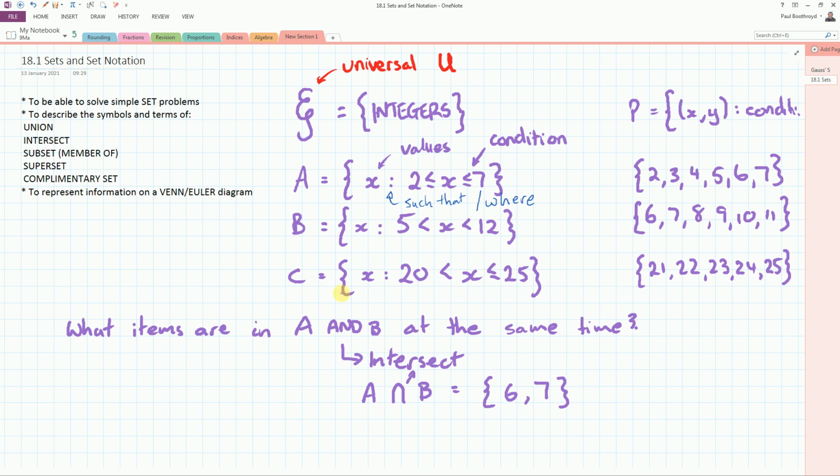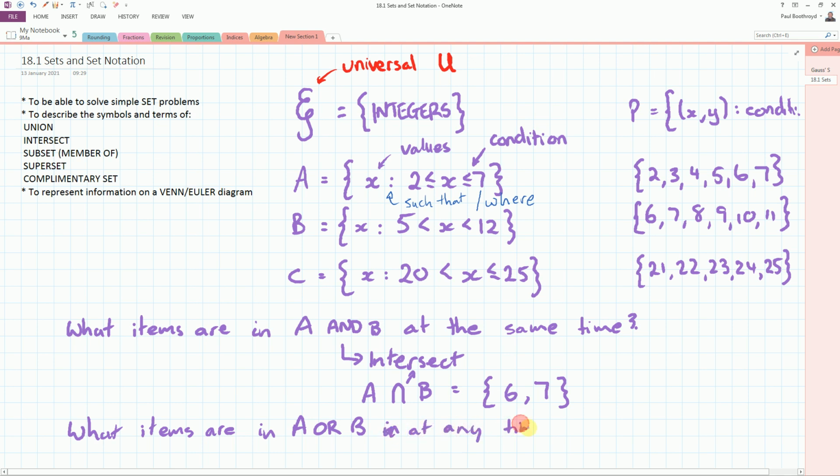What we're actually saying there, and is often used in logic to describe that situation, is what items are in A or B at either time. And this will give us a union.